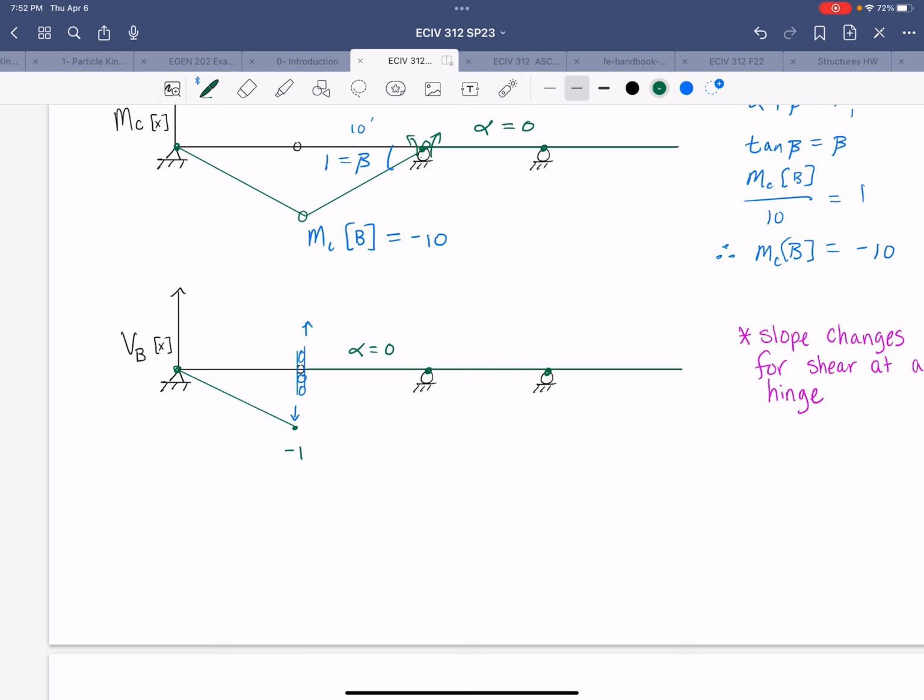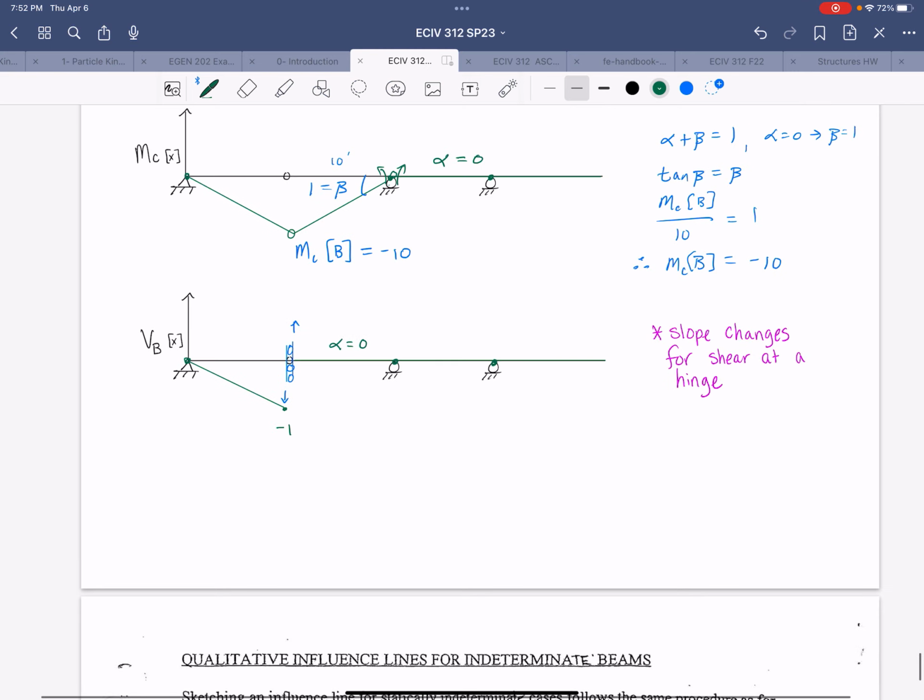So this is our influence line for shear at B, which is also a hinge. So this one's kind of weird. But that's the only exception to the rule that the slope must be the same on both sides of the location of interest for shear.